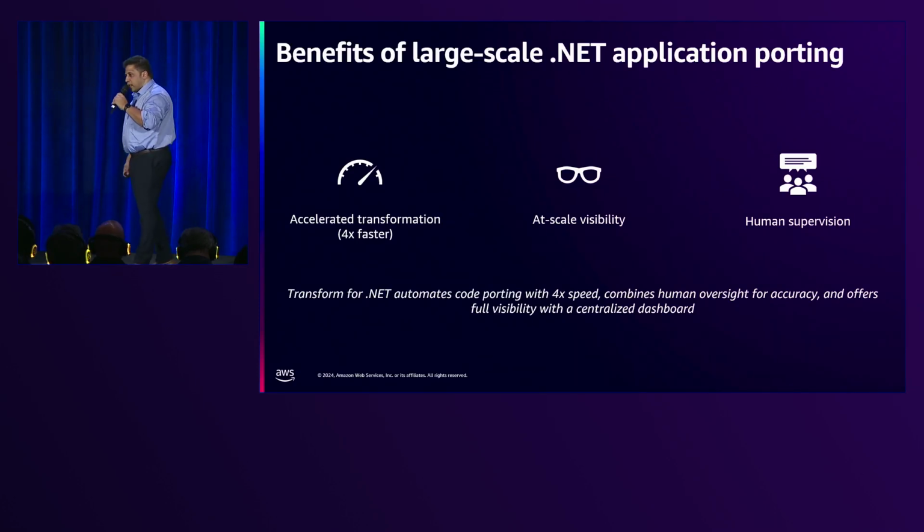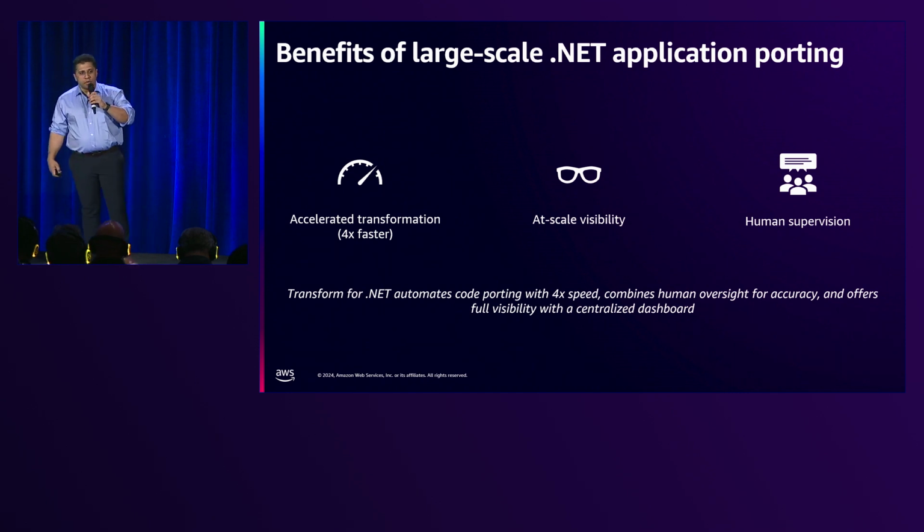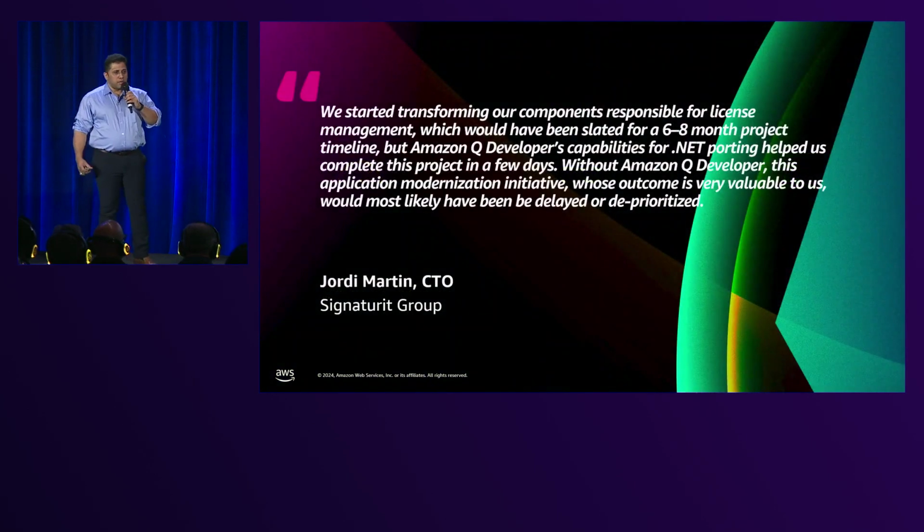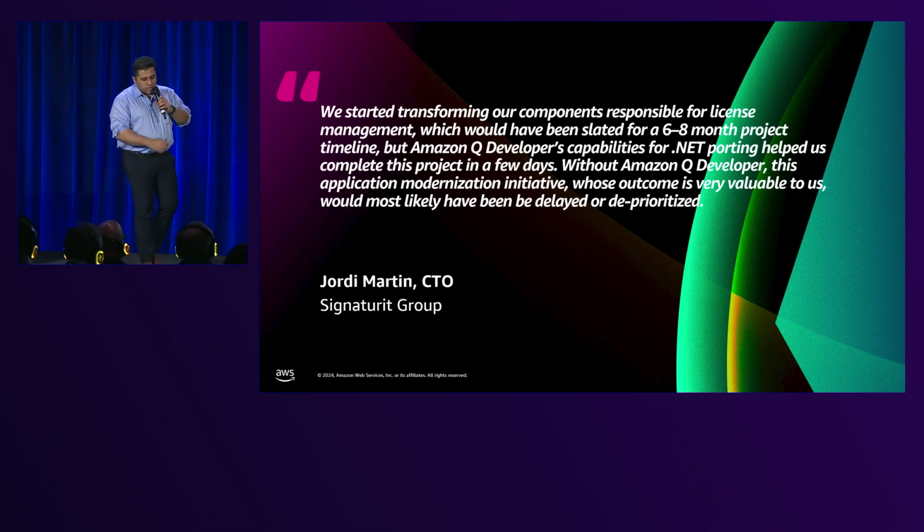As we have built this product, we have worked with several customers who have been our design partners, and they have been early adopters of the product. And they have been super excited to see the results, provide us feedback, and work with us in this process. So I want to share a few quotes from some of our customers. First one is from Signature IT Group.